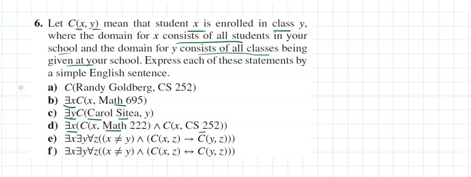E. Okay, x not equal to y. There exist two distinct people. There exists an x and a y, but they're not equal. So there exist two distinct people, different people.